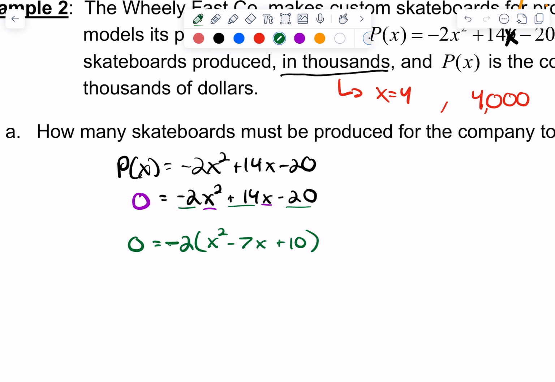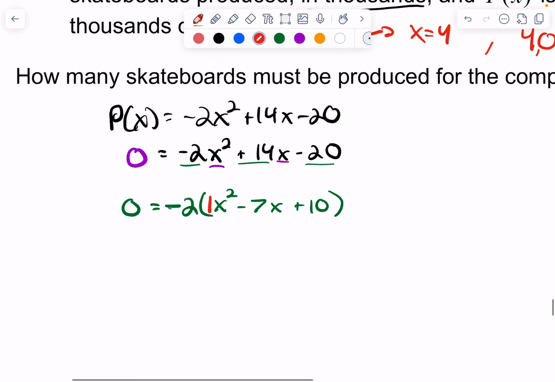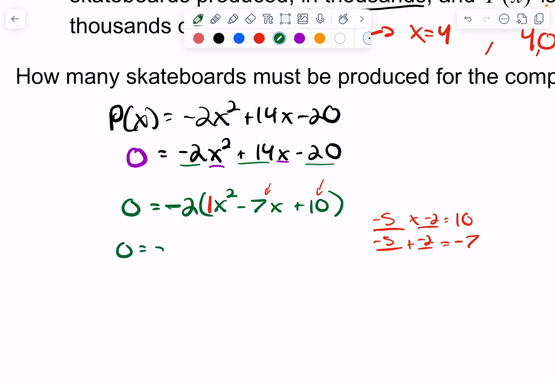And again, you now have a simple trinomial. So look for two numbers that multiply to give you 10 and add up to negative 7. Well, in this case, that would be minus 5 and minus 2. So then your factors, again, it being a simple trinomial, is just x minus 5, x minus 2.